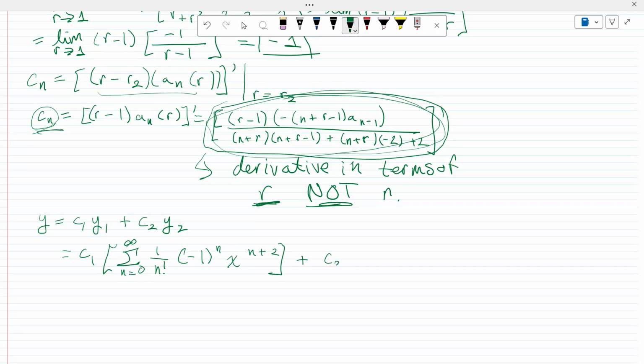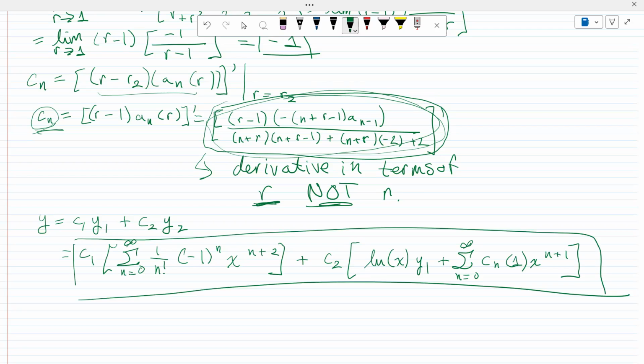And all of this plus c2 times ln x y1 plus this series right here: Cn evaluated at 1, times x to the n plus 1. And this is your final solution right here.